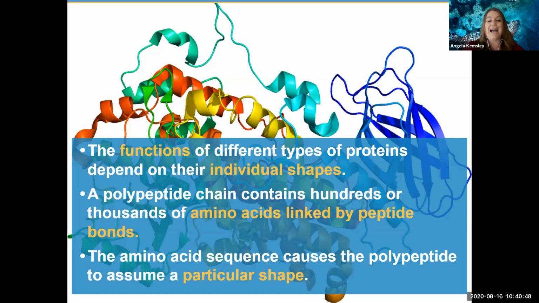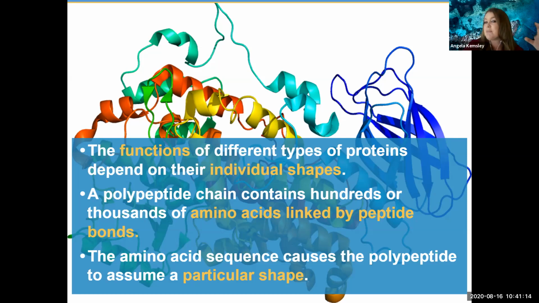Just know that that's how amino acids are linked together to form proteins. And the amino acid sequence, remember there are those 20 amino acids that are linked together by peptide bonds to form all the different types of proteins. That sequence makes the polypeptide assume a particular shape. And again, shape affects function.